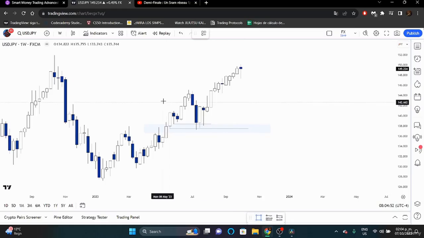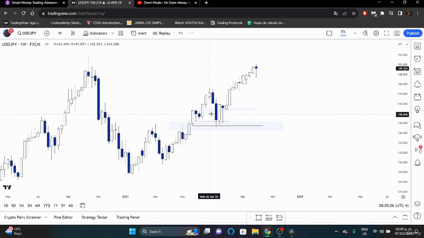Okay, right here we would want to see the price respect this one, so we will be kind of doubting if it's truly on the weekly time frame a change in the delivery because we didn't respect this one, neither these order blocks, and are we going to trade lower.